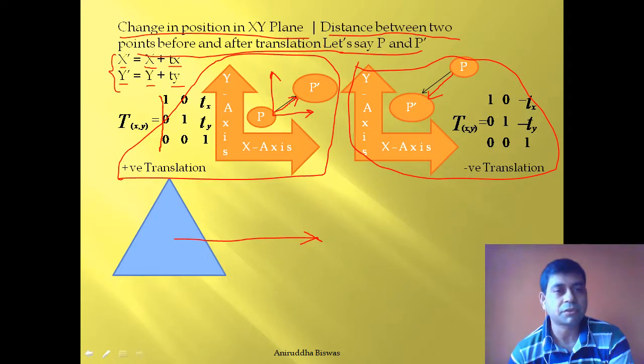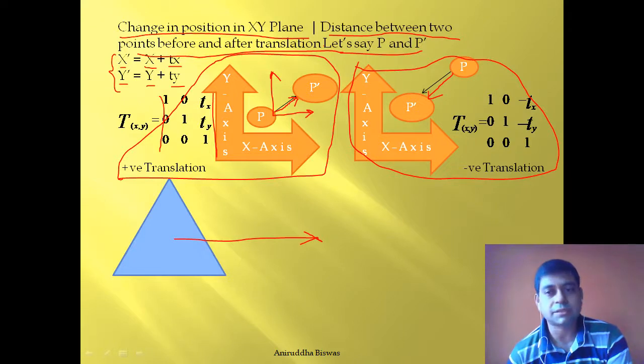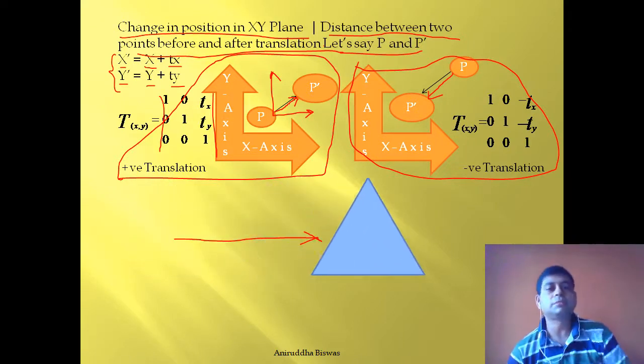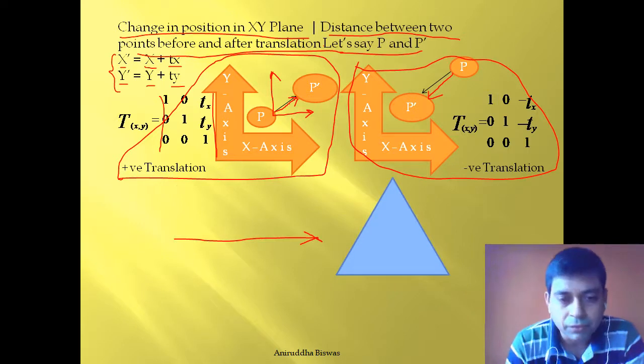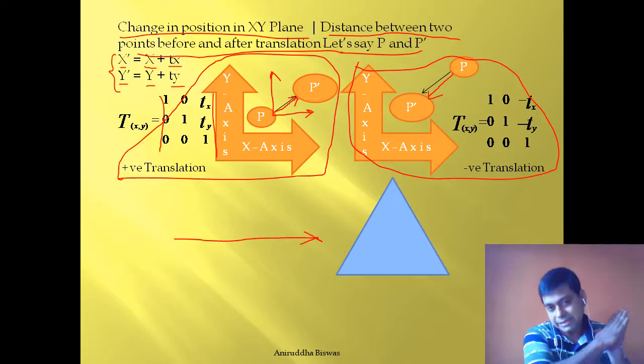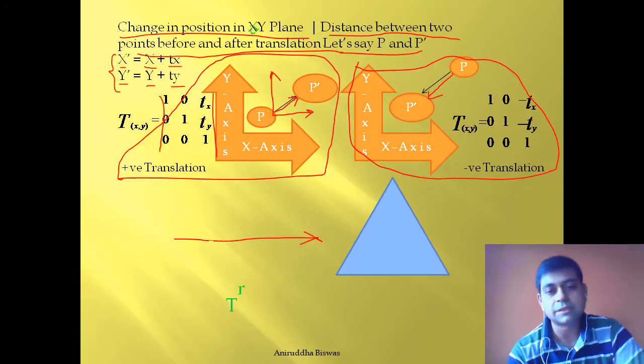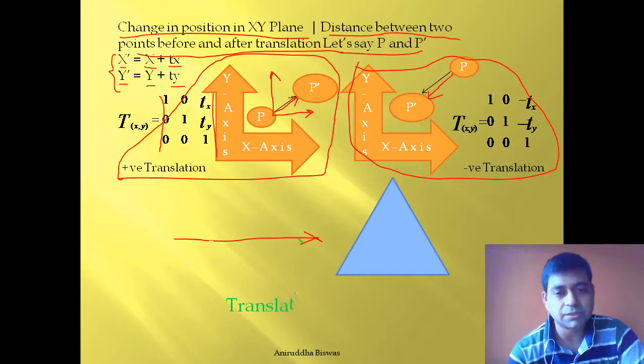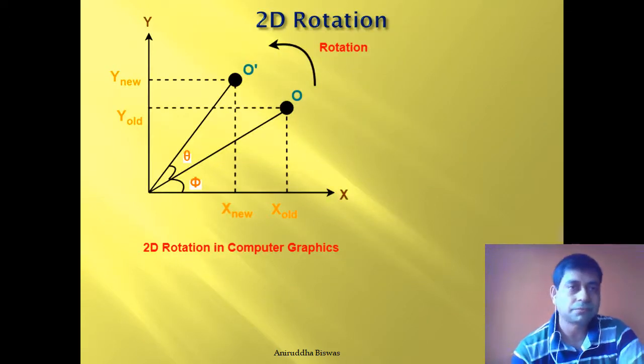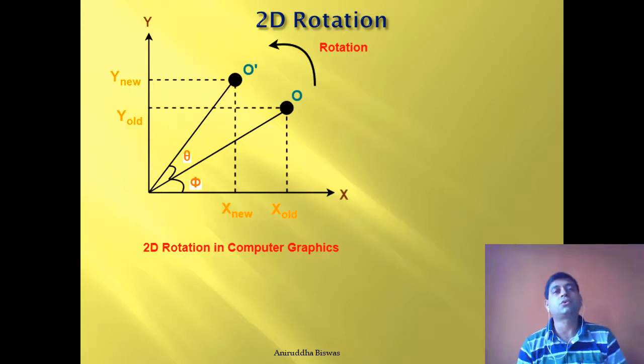This is the matrix where in the diagonal there are ones, and here we have tx and here we have ty for positive translation, and for negative, minus tx and minus ty. As simple as this. So this is the animation where you can see the blue triangle is shifted from left to right. Okay. So this is what translation is, meaning shifting the position. Now we'll discuss 2D rotation.